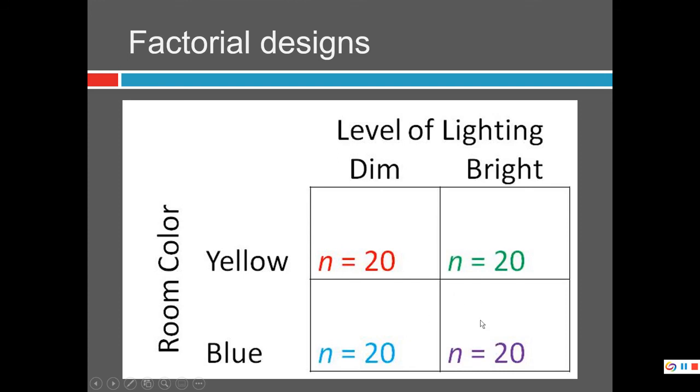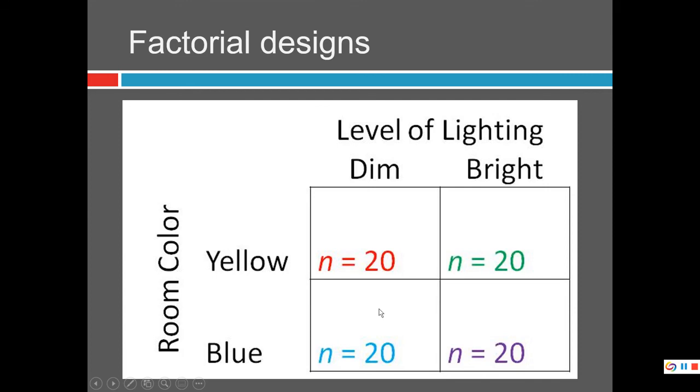But just think about the different combinations of numbers of participants here. You might, let's say, have 20 people that participate in each of these different cells. If you had a completely within subjects design where everybody is doing each one of these cells, then you'd only have 20 participants, but they're doing this for different times, right?